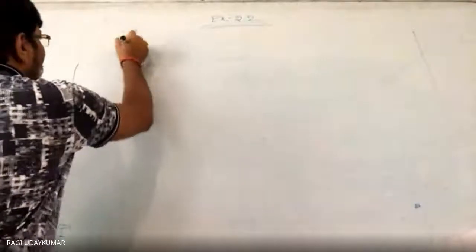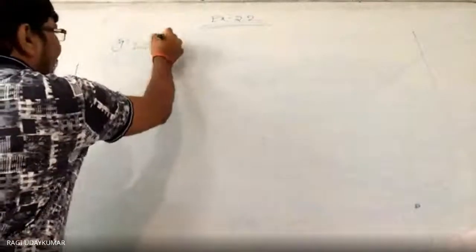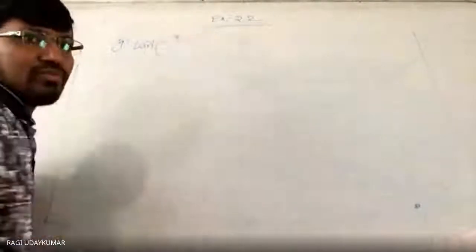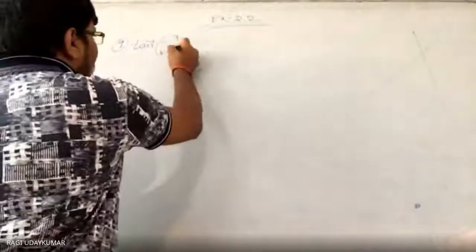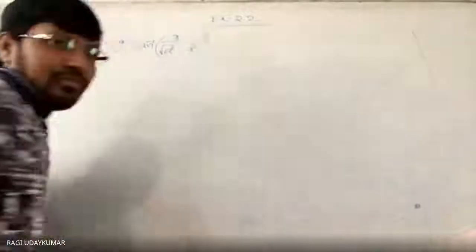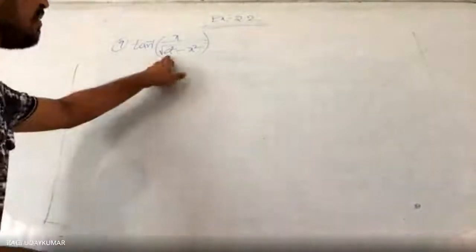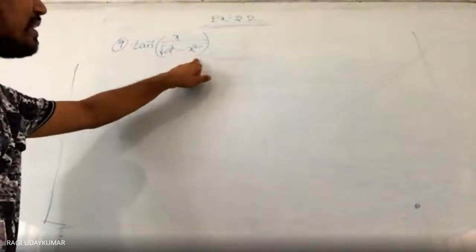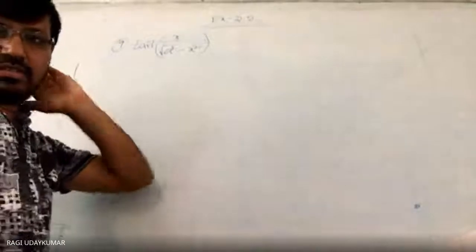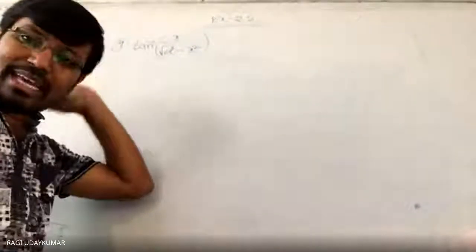Ninth problem. I think it is not necessary to explain all, but all are different models. That's why I am explaining to you. Tan inverse of x by under root of a square minus x square. Now, if you see what form it is, a square minus x square in the denominator. Can anyone guess what can be substituted?